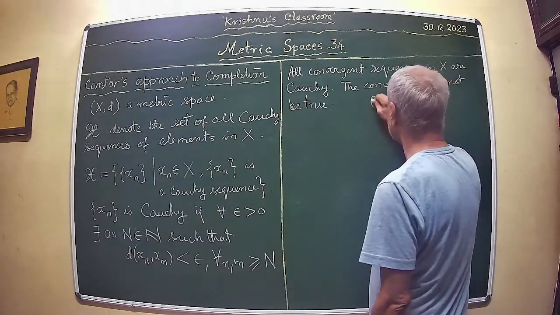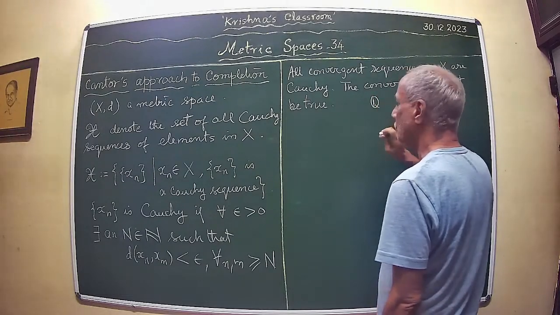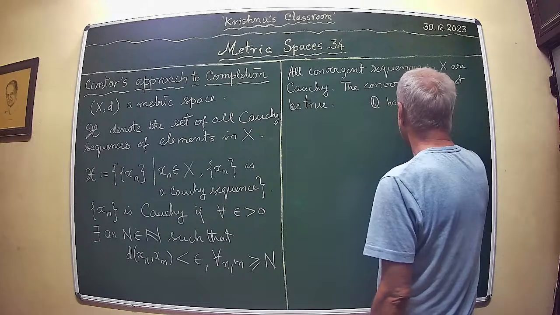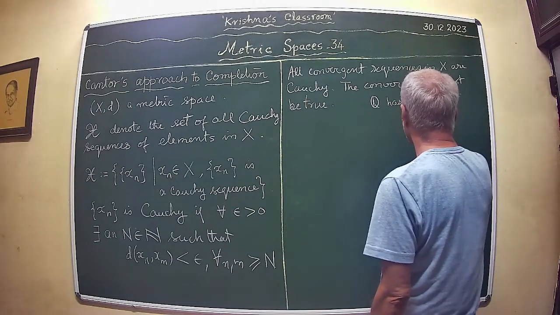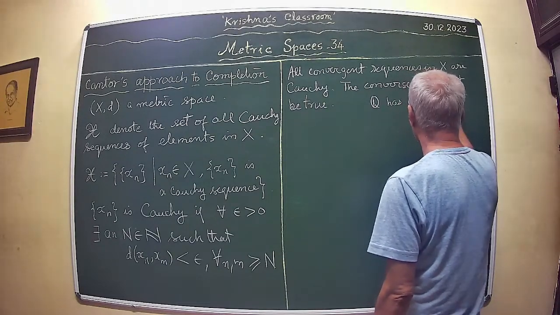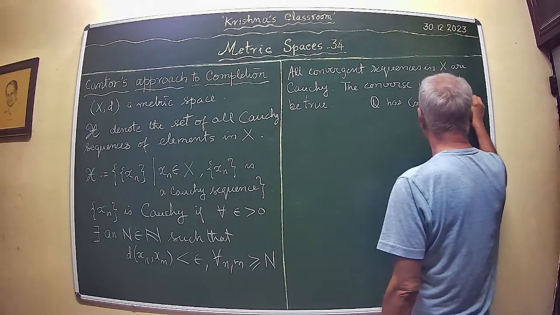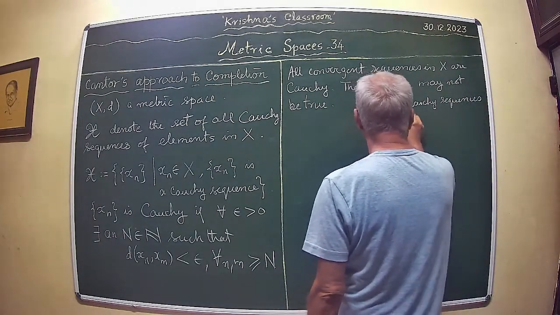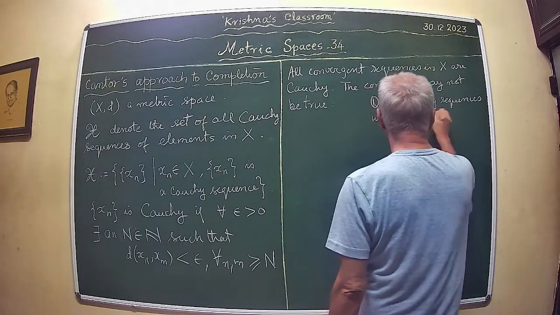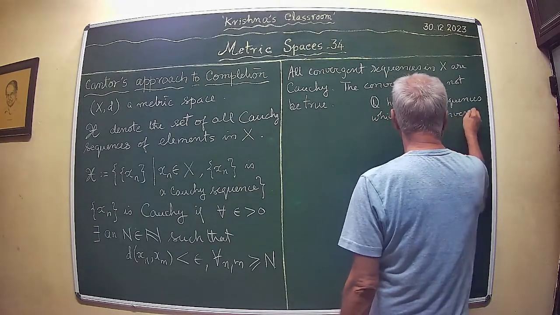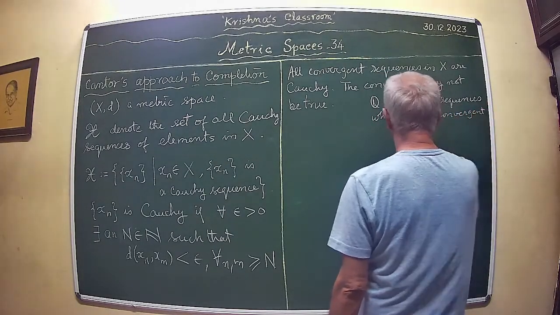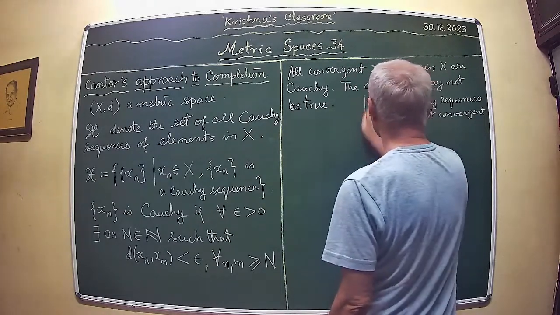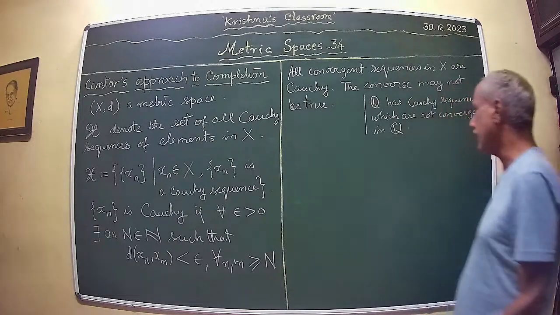Q has Cauchy sequences which are not convergent, whereas R has the property.